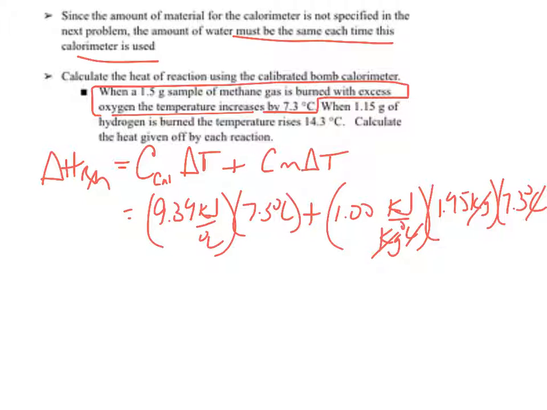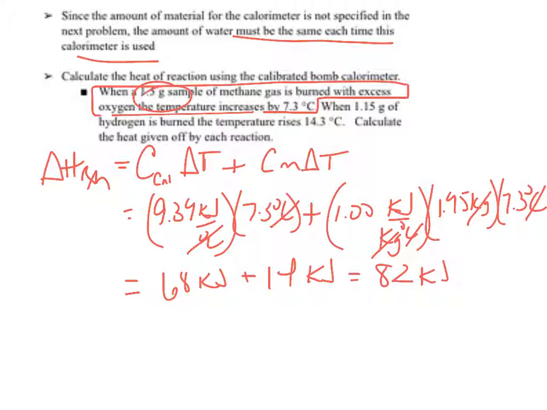Again, I'm just canceling my units. So when you multiply all that together, you get 68 kilojoules plus 14 kilojoules, which is a total of 82 kilojoules. Now, since we know we have a 1.5 gram sample, you can do 82 kilojoules divided by 1.5 grams.